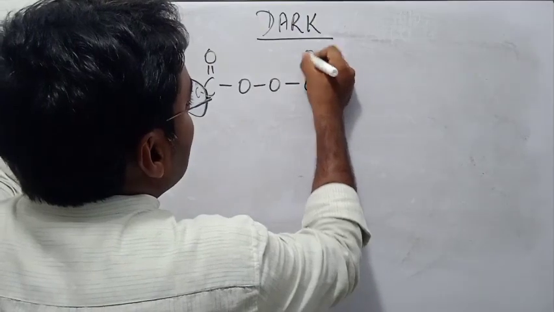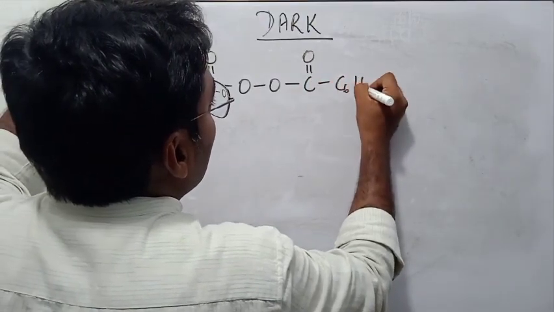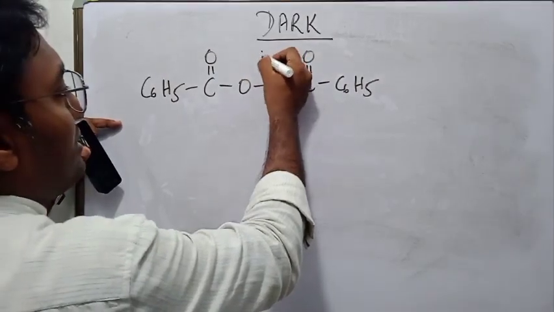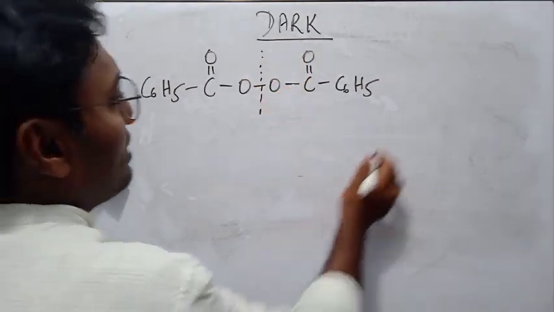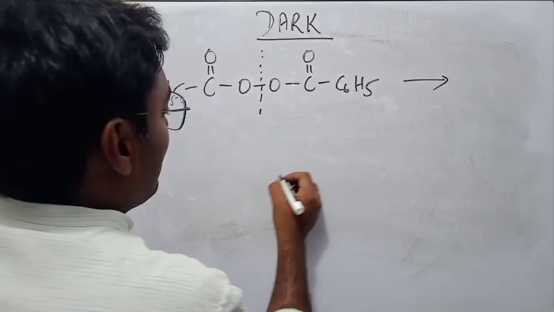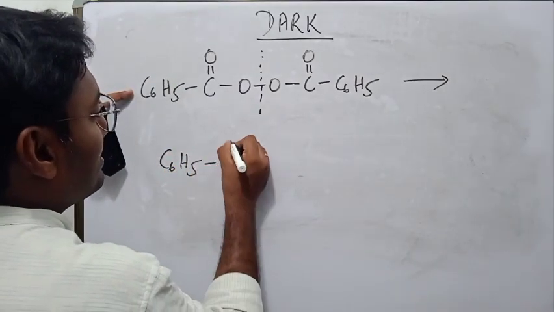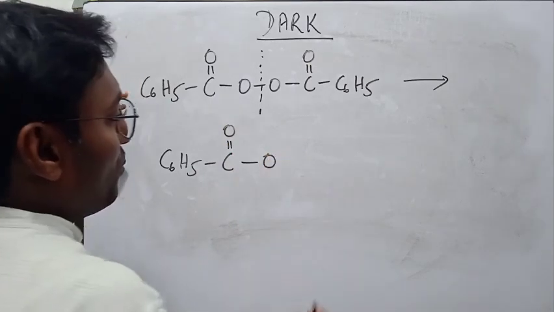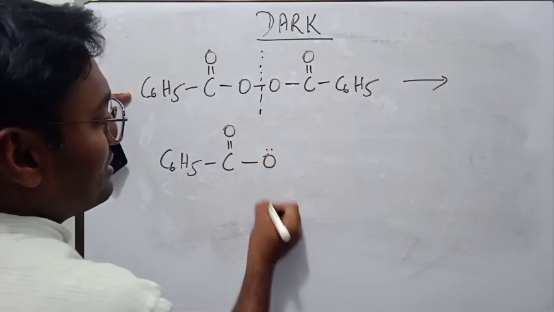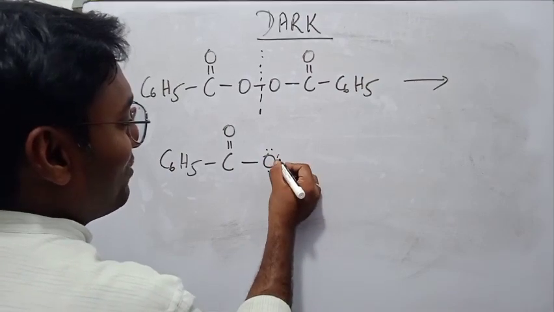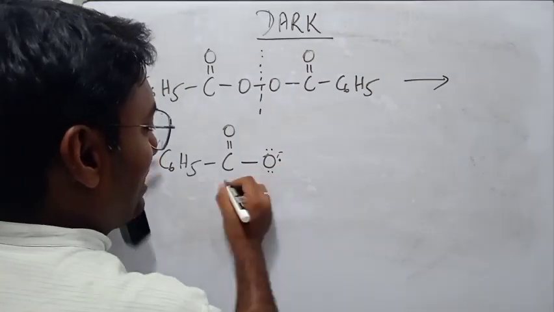This is benzoyl peroxide, okay, and this actually splits from here and we get free radical, and that free radical is like this, C6H5 C double bond O, right? This is the lone pair and this is the free radical. This is the electron that is of interest. Okay, I am going to redraw this structure like this.